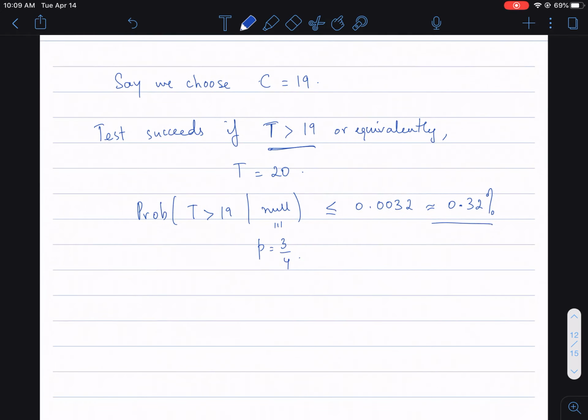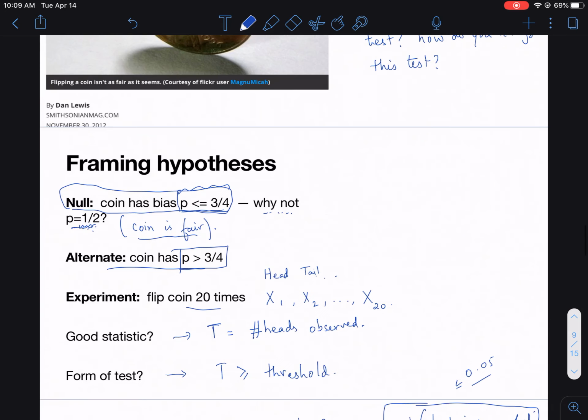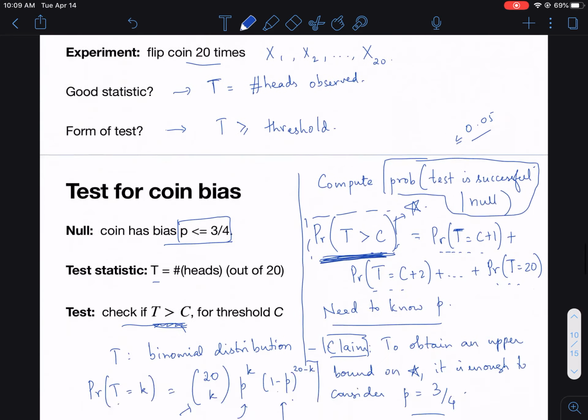The good thing about this test, a useful trade-off to understand, is that you will almost never accept the null hypothesis. So you'll reject the null with very high confidence. If you remember, this is the quantity that we defined to be the significance level. So the significance level of this test is extremely high.